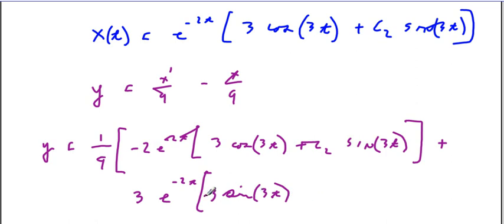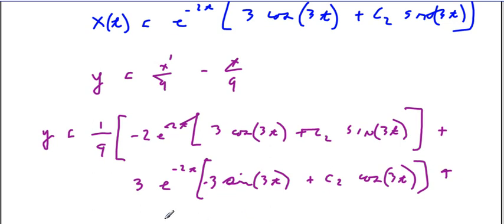that's a minus 3 sine 3t, plus 3, the 3 already came out, so I don't need that 3. That 3 is already on the outside. Plus c2 cosine 3t, actually it's minus.